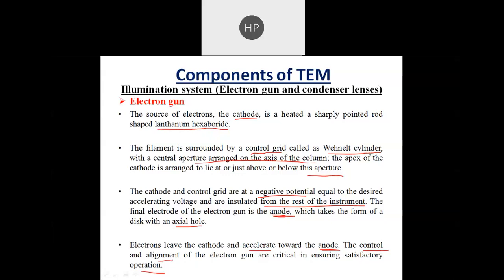If it is properly controlled and aligned, then the transmission electron microscope will give us satisfactory operation. So this is the use of an electron gun: it produces the electrons, accelerates them, and passes a useful number of electrons through the hole of the anode.